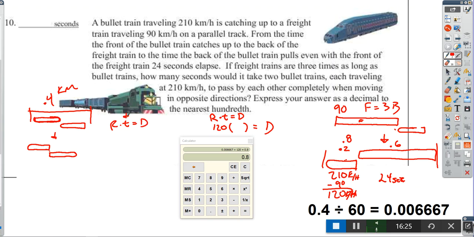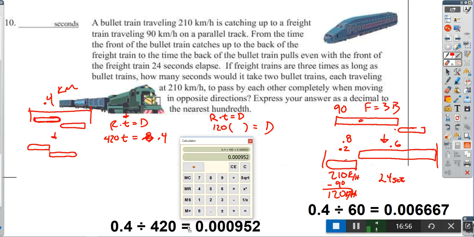So their closure rate is going to be 420 kilometers per hour because they're going at each other. I don't know the time, and the distance is, no, it's 0.4. Okay, so we have 0.4 divided by 420, which is this nastiness.